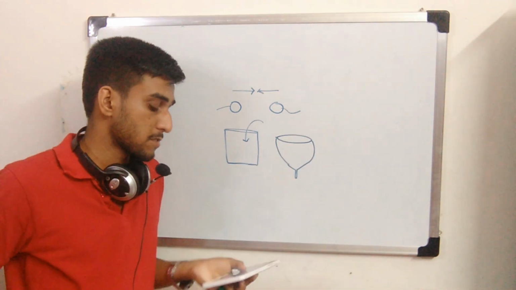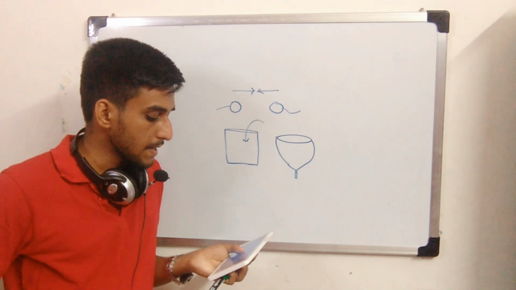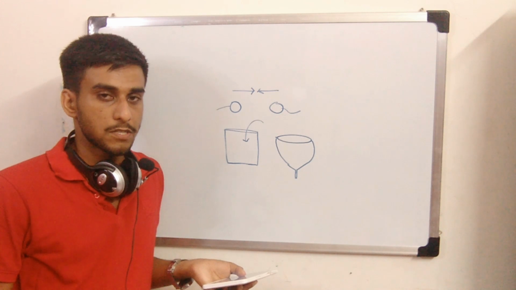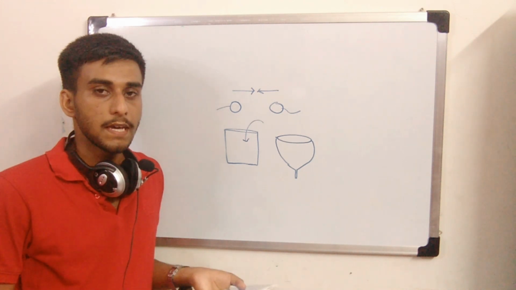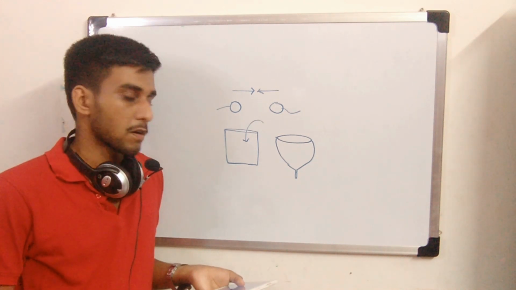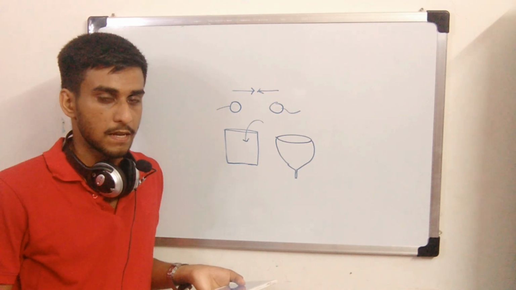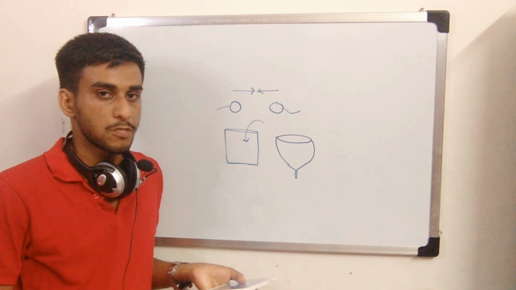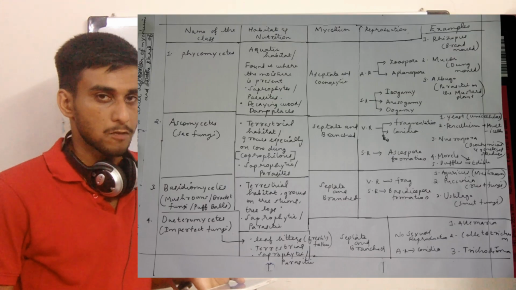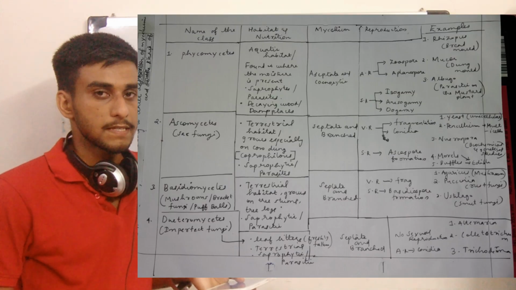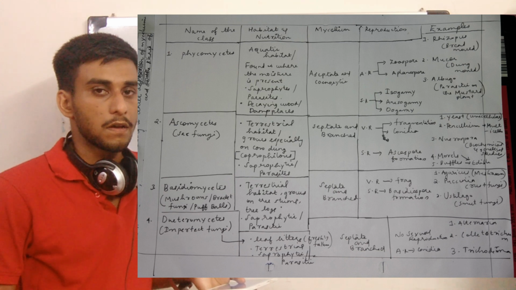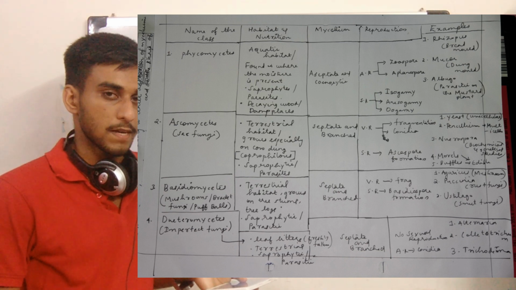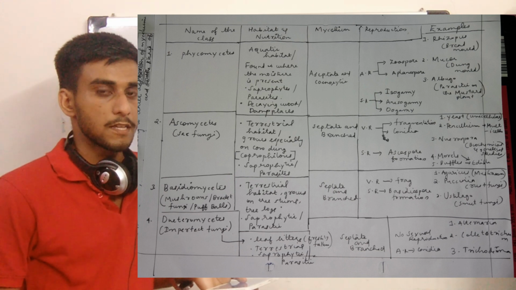It is a vegetative structure for the purpose of sexual reproduction. Sexual reproduction in this fungus is by the method of ascospore formation. Ascospore is a type of sporangiospore, a sexual spore, which is formed in a particular structure known as the ascus or the sporangium.